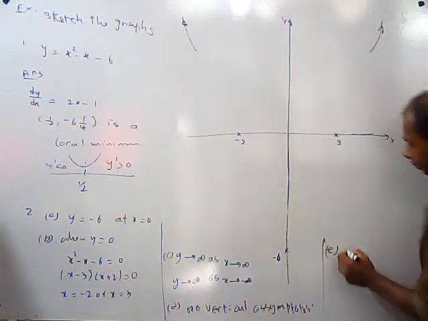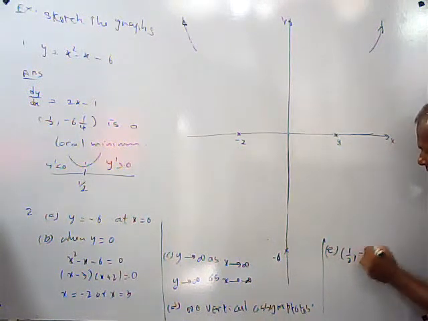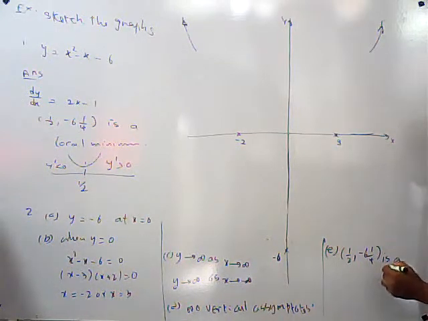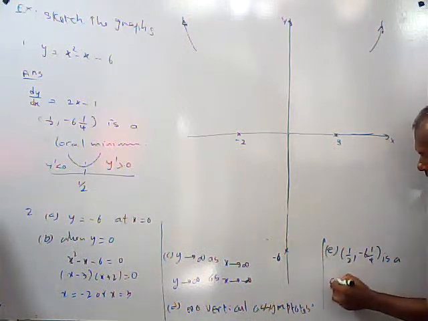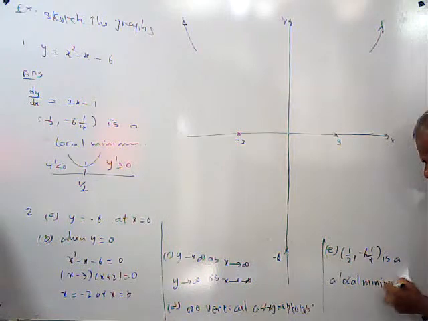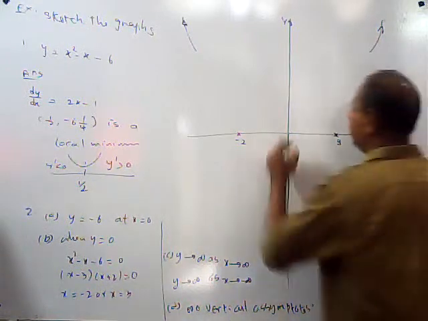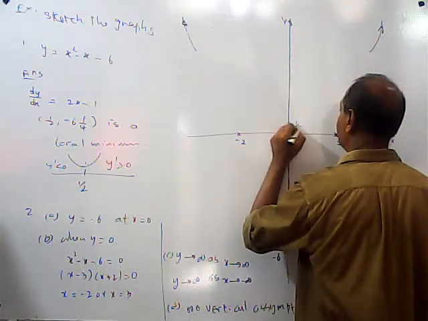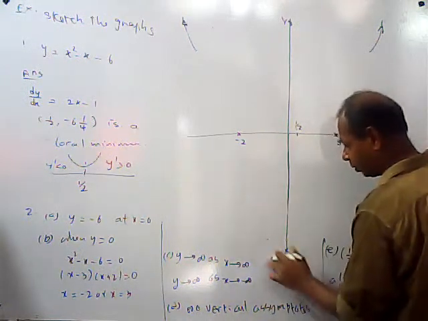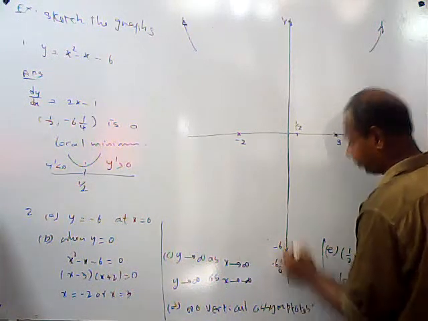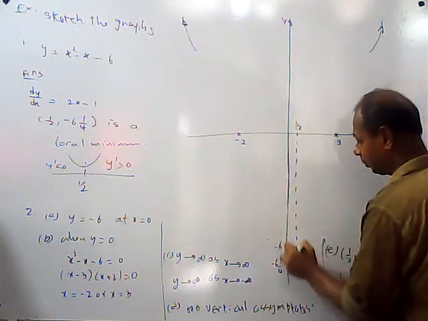Half, and we write it first, half, minus 6 and a quarter is the local minimum. That's the local minimum.